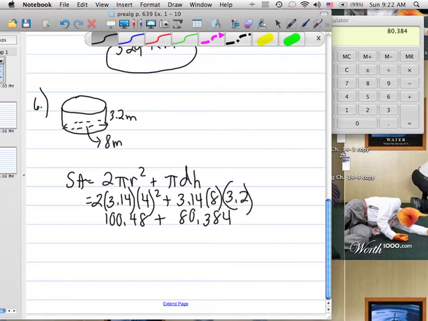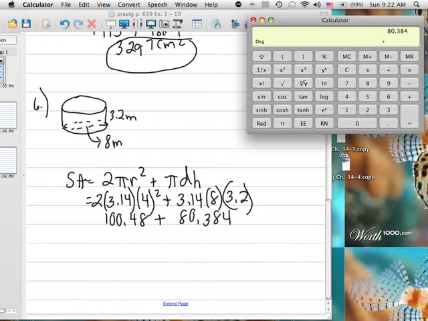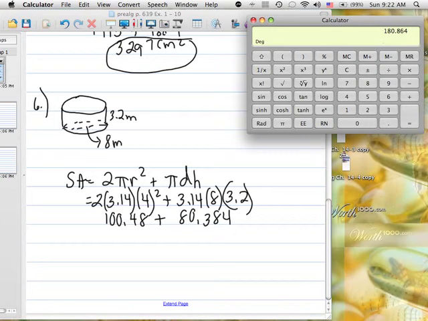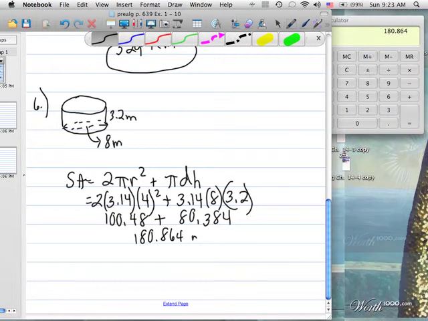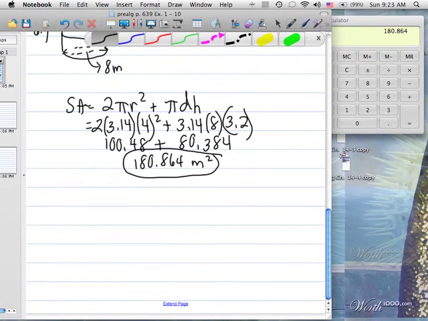Add those together, and we get 180.864. And the unit is meters squared. So they're not doing any kind of rounding.